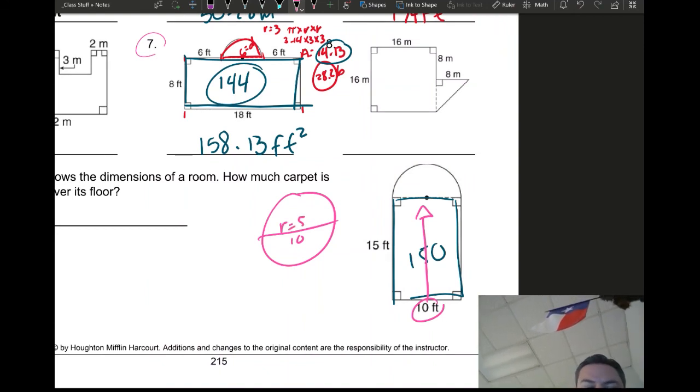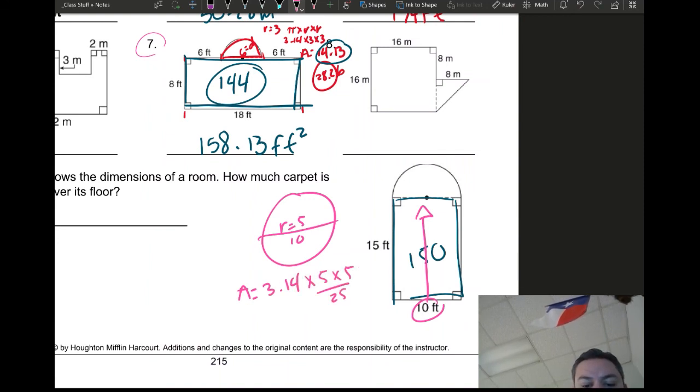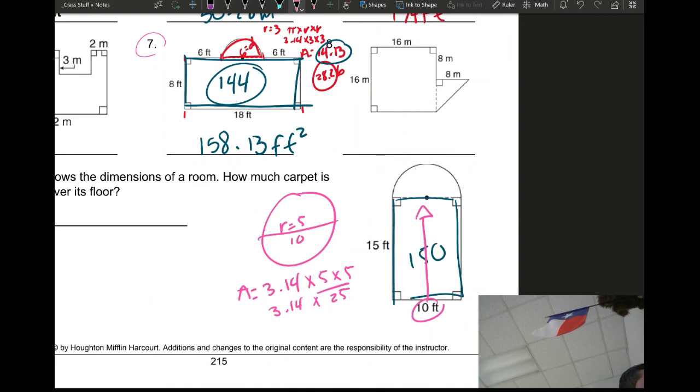Okay, that's for a full circle. Area equals 3.14 times 5 times 5. This is 25 times 3.14. You get 78.5. That's for the whole circle. However, I only have half a circle, so I got to divide that by 2.